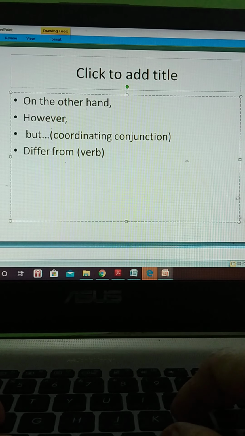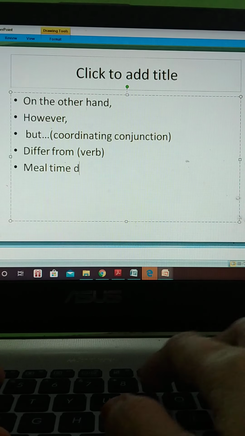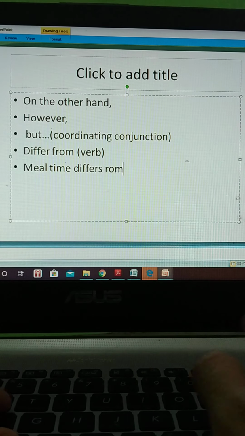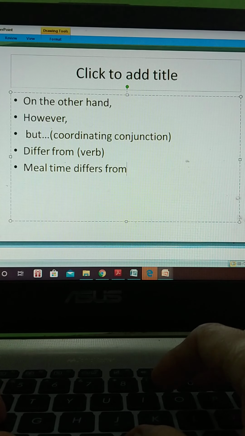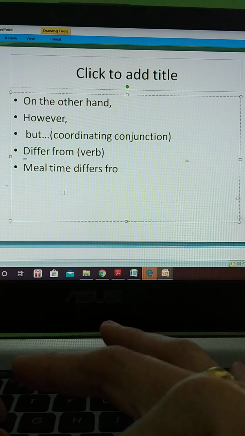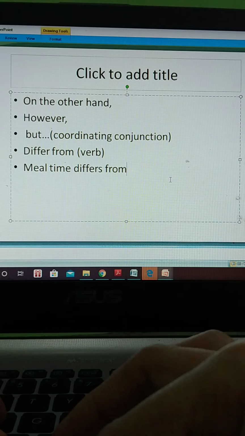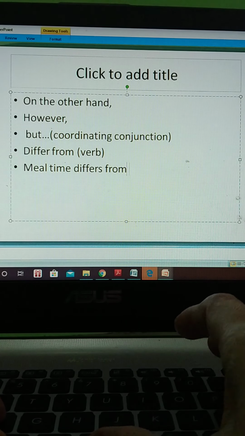So as you can see, Mealtime differs from... yeah, so it's like object A differs from object B in price.